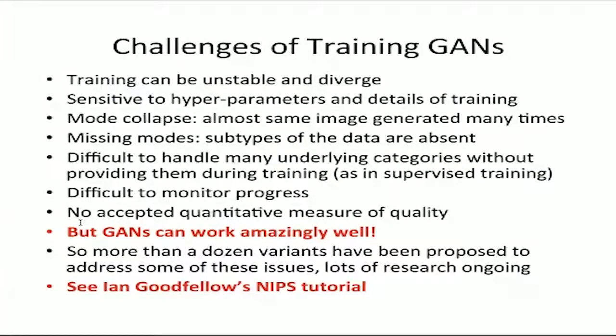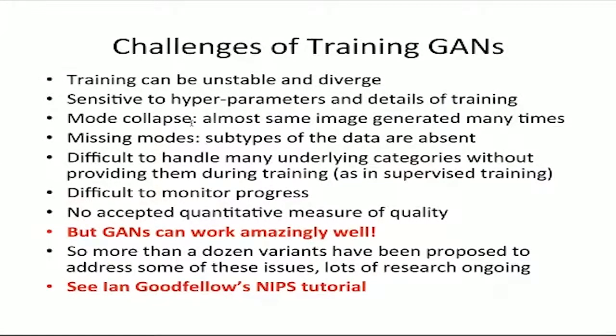Let me say a few words quickly about some of the other ways in which training can fail. One thing that happens sometimes is what's called mode collapse, where the training diverges in a particular way that makes the same image, which usually doesn't look like a real image actually, come up many times. It's like the network gets obsessed with a particular type of image and always generates the same image or something very close.